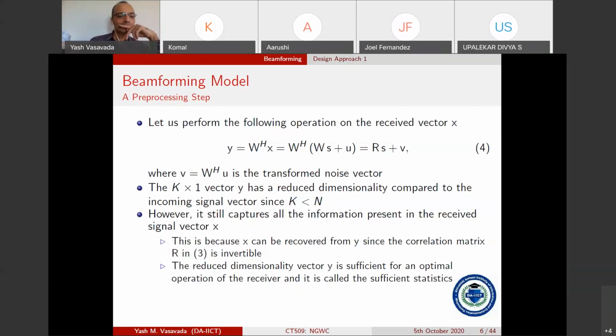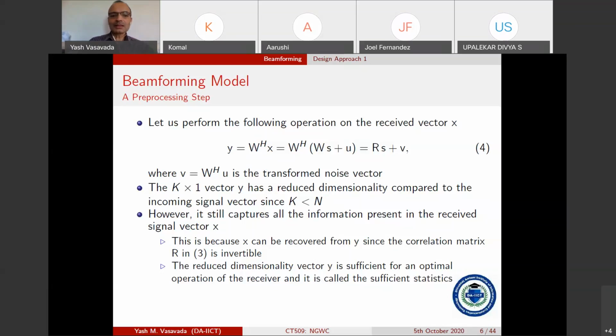Why can I say that? What is the definition of matched filter? There will be only one W that will be giving the maximum peak of the sinc function. Yeah, matched filter assumes that only one user is present.